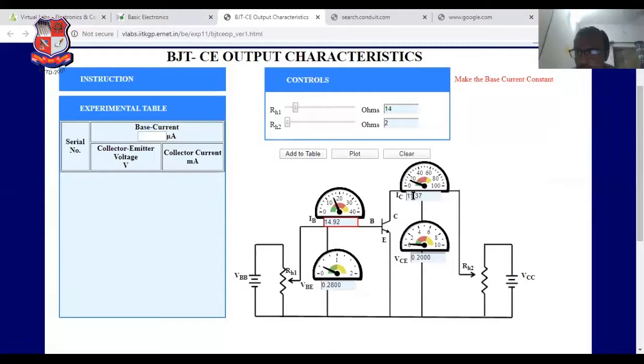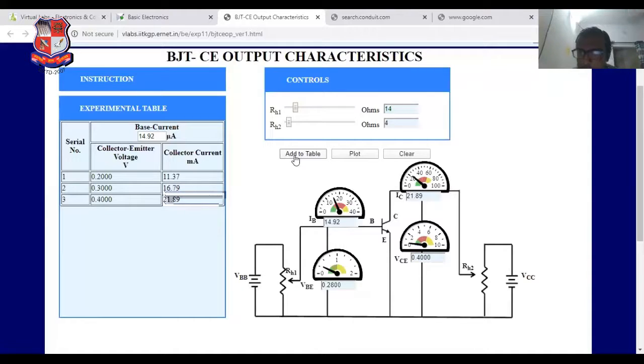See this. At 0.2 volt, current is 11.37. Make sure that you add the reading. See the change here, 0.2 to 0.3: current is changed from 11 to 16. See, this is a drastic increase. Now 0.3 to 0.4: here 16 to 21.